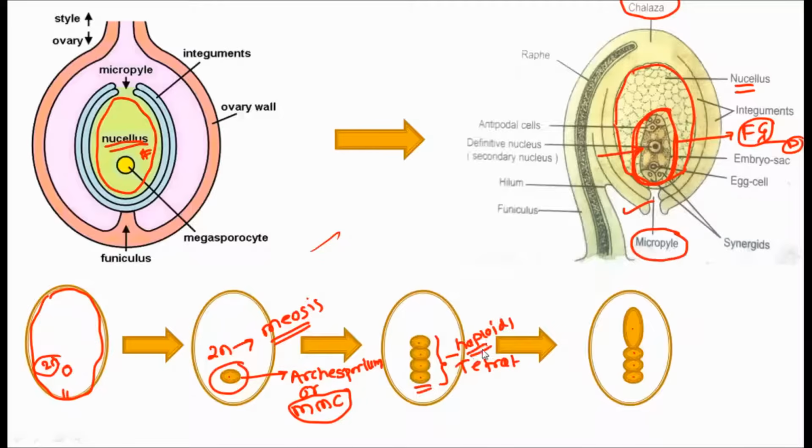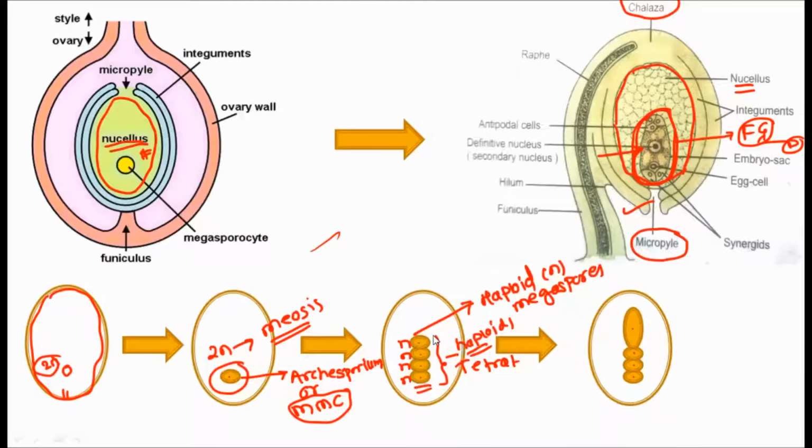All these 4 cells are haploid cells, that is, they contain only the n number of chromosomes. They do not have the 2n number of chromosomes, but only the 1n number. This tetrad, which is formed by the cell of archesporium, is called the haploid megaspores. So the haploid megaspores are developed from the archesporium. They are a tetrad, that is, they are 4 in number.